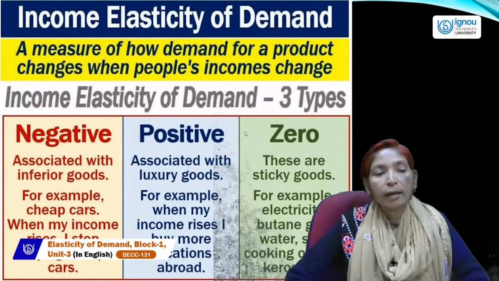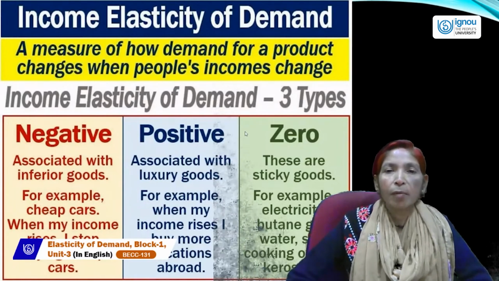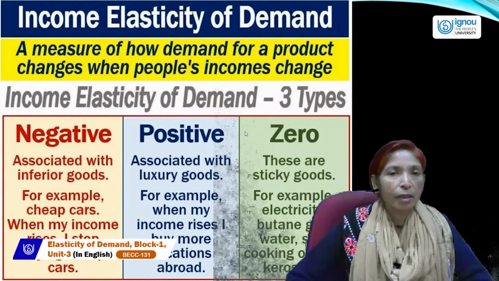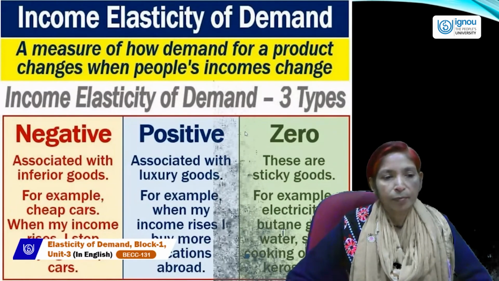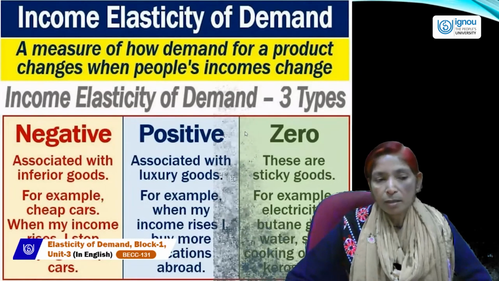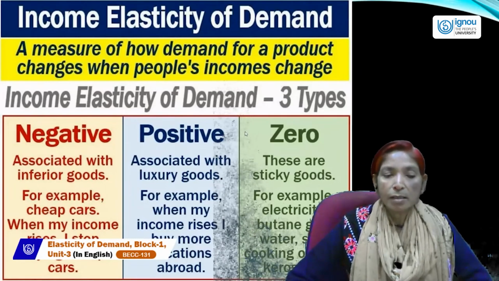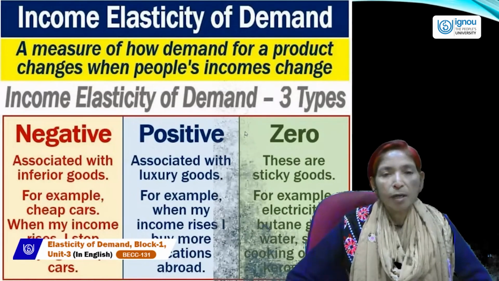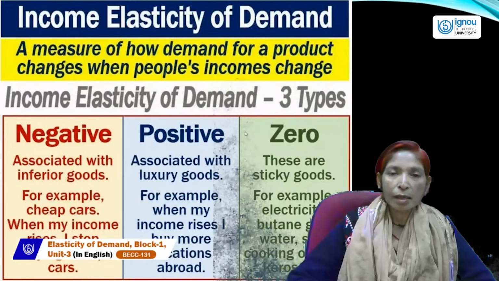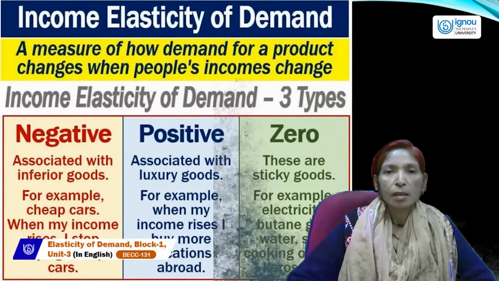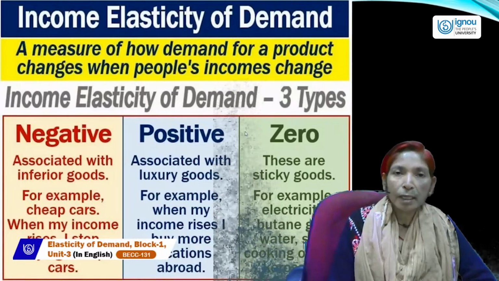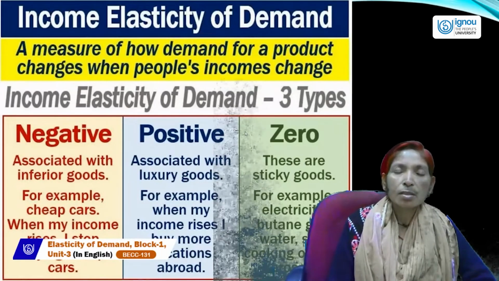One is negative income elasticity of demand. Negative income elasticity of demand is associated with inferior goods. Inferior goods means, for example, cheap cars. When my income rises, I stop buying cheap cars or cheap products. In this case, demand will be negative and elasticity of demand will be called negative and the curve will be downward sloping.